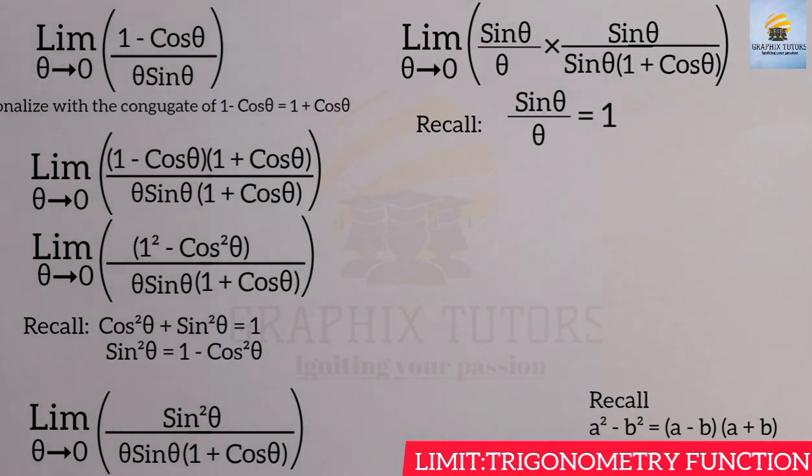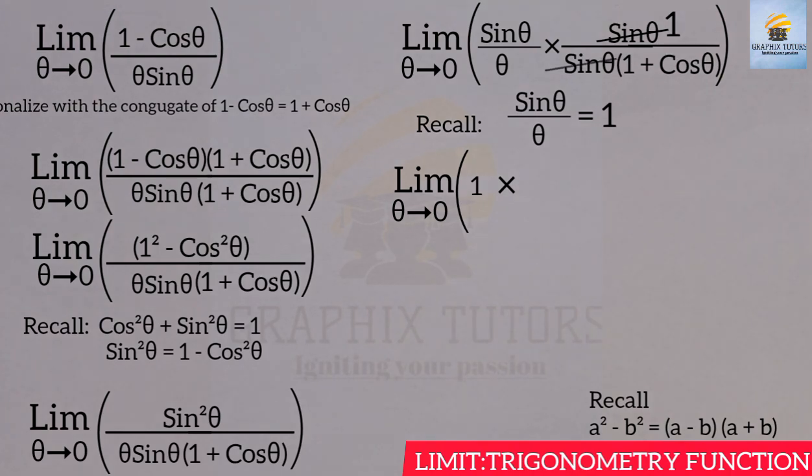So my sin theta over theta is 1. Are we together? So I'll be having the limit of theta tends to 0, 1, that is representing sin theta over theta, multiplied by sin theta over sin theta, which is 1. So we're having 1 all over 1 times, open bracket, 1 plus cos theta.